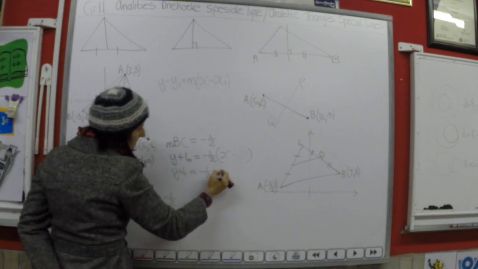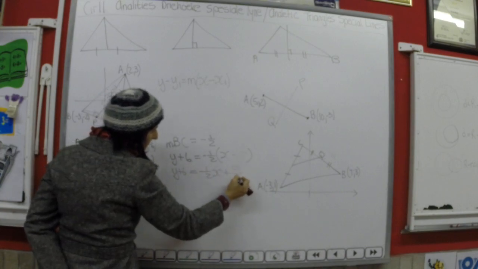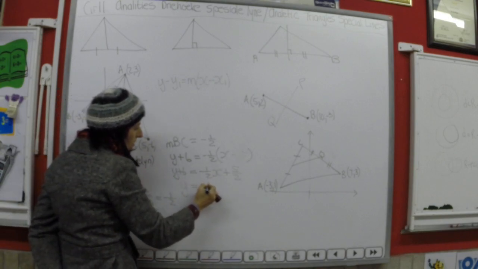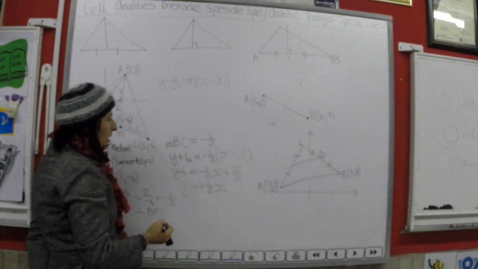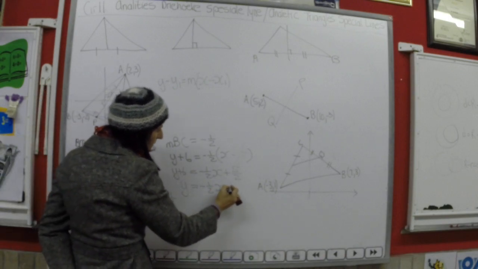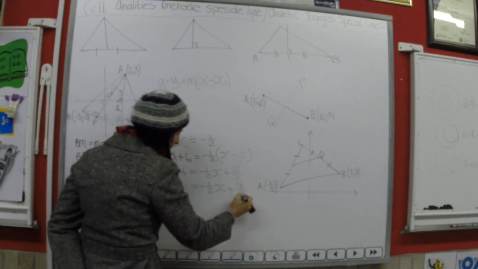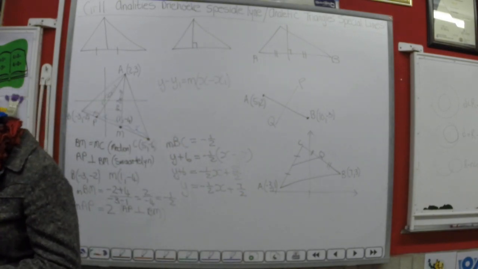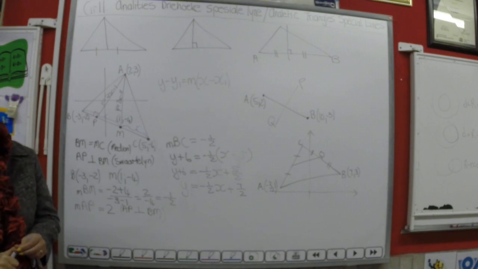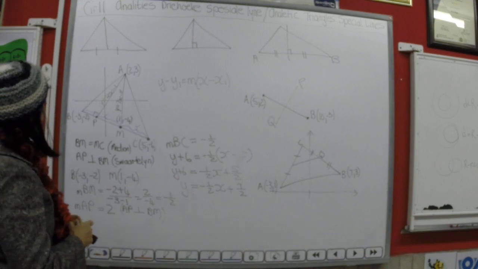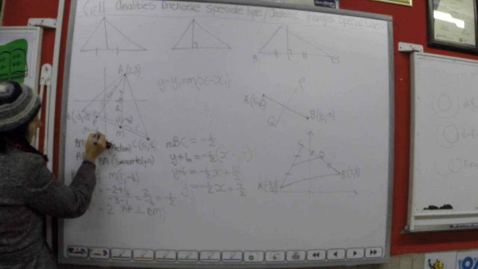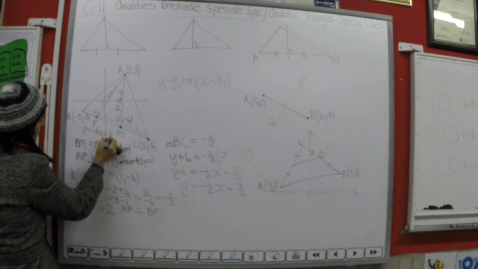Minus 'n half x, plus 5 op 2, en nou gaan ons daai oorval, word hy minus 6, so y is gelyk aan minus 'n half x, minus 6, and this is 2.5, minus 6 will give you plus 3.5, plus 7 op 2. Goed, y is gelyk aan minus 'n half x, plus 7 op 2. Dis die vergelyking van BC. Y is gelyk aan minus 'n half x plus 7 op 2.